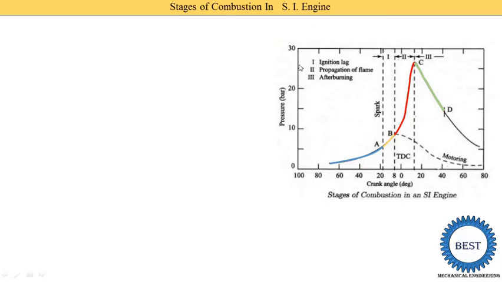Now this is the actual stages diagram. It shows the crank angle, starting from various angles. Here is the TDC point 0, and then it goes toward BDC. This region is known as the before TDC region and this region is known as the after TDC region. The actual P theta diagram with combustion is shown in this figure.